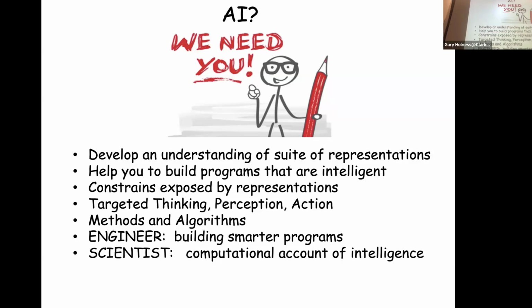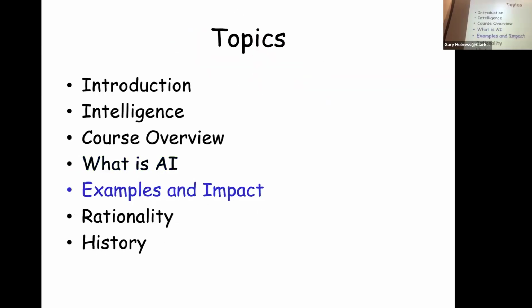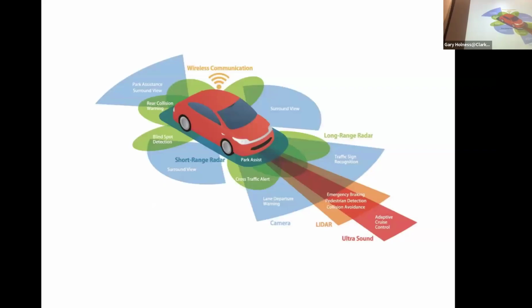How do you take this representation and use it to do something? And then what are the metrics to say some representation is successful or it's not successful? So the engineer and the scientist both use AI, but we have different purposes. Okay. Any questions? No? All right.